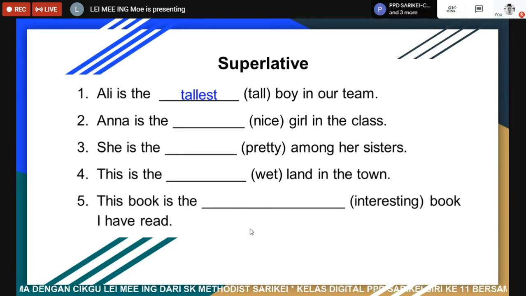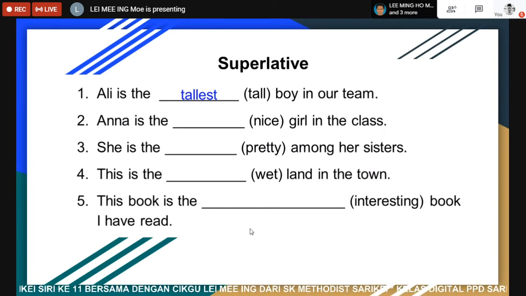All right, good. Question number 2. Anna is the girl in the class. So the given word here is nice. What is the superlative form for nice? Can you please type down your answer? 5, 4, 3, 2, and 1.